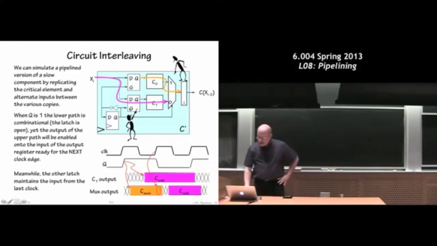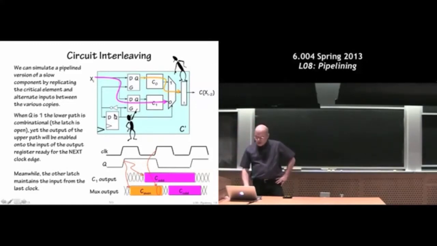So at this particular clock edge, we're starting the processing of C1, and C0 is finishing up. So we're choosing to look at the other output.